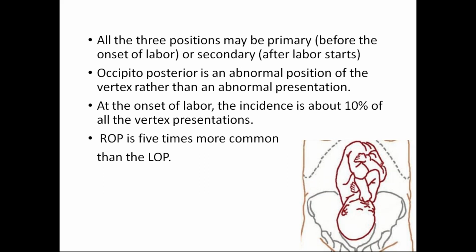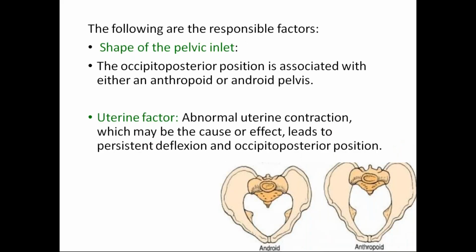At the onset of labor, the incidence is 10% of all cephalic presentations. The right occiput posterior is the most common position, because on the left side the sigmoid colon is present, so more space is available on the right side. So occiput posterior position is mostly on the right side of the pelvis, the right occiput posterior.